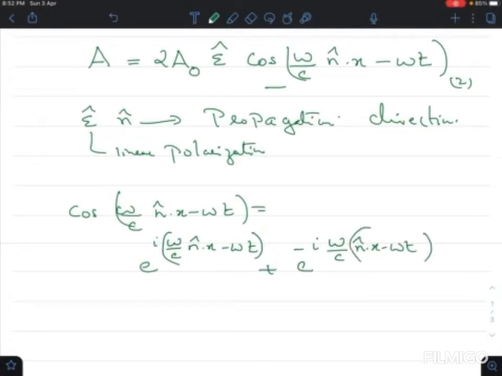So that is what we can write about the cos term.